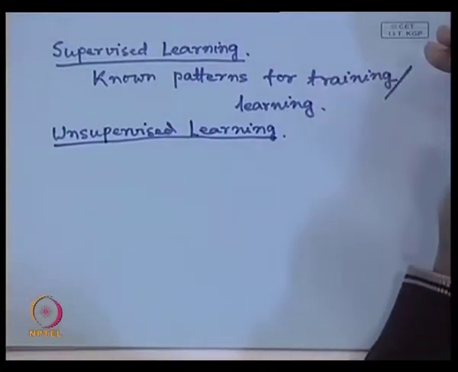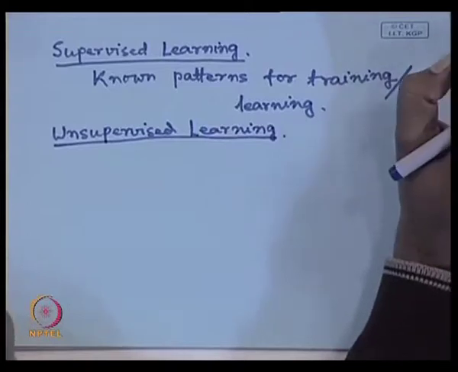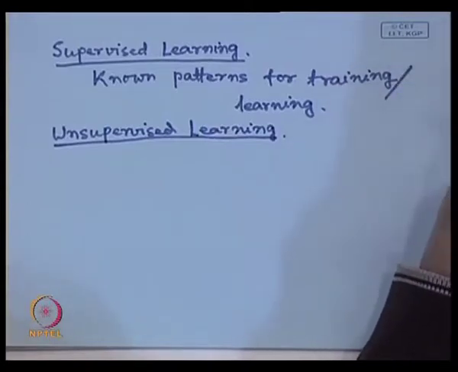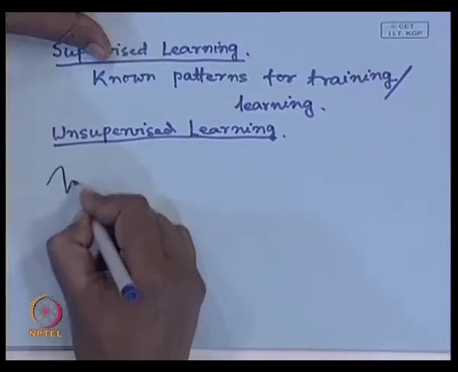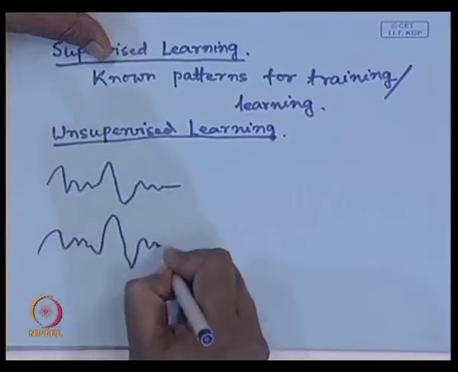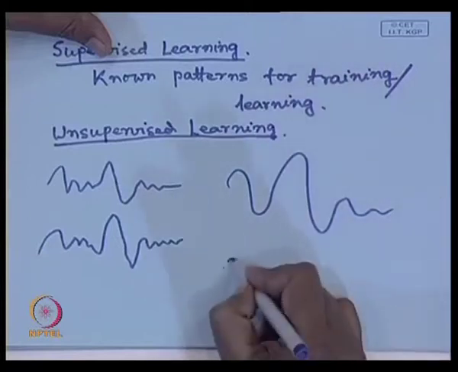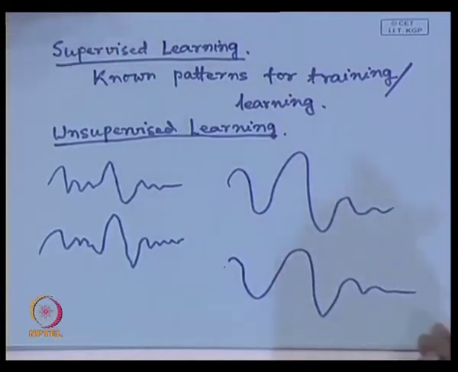In case of supervised learning, we make use of a number of known patterns for training purpose, so the classifier or the recognizer learns using a set of known patterns. In case of unsupervised learning, I do not have any known pattern. I will have patterns like this. Similar such patterns may also be there.